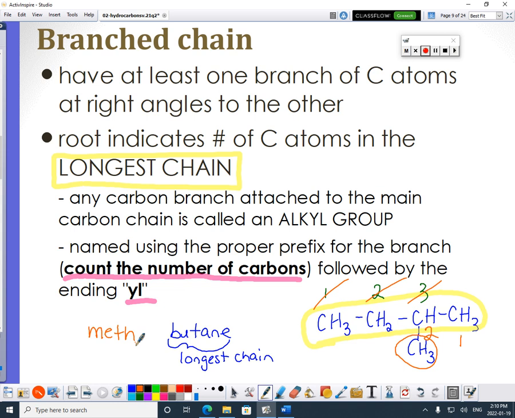So how do we show the difference? We use YL. You can leave spaces, you can use dashes, you can put them together. That's like chemistry grammar. You do you, okay? But we need to say where it is. So we decided what carbon was lowest? 2.